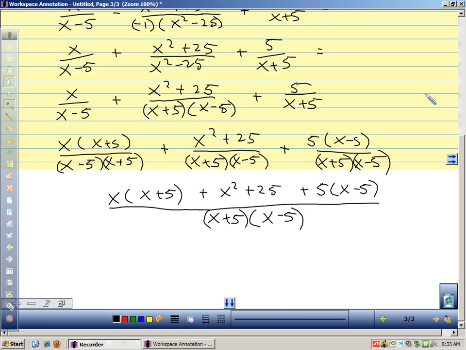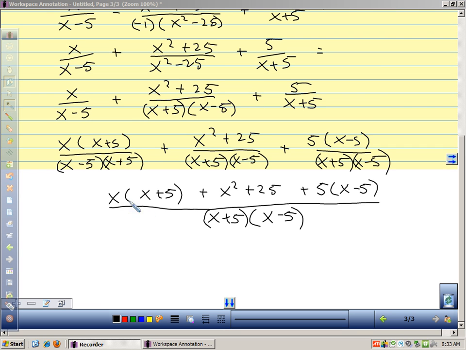And now we can simplify our numerator. So I'm going to distribute everything here. So I get x squared plus 5x plus x squared plus 25 plus 5x minus 25.